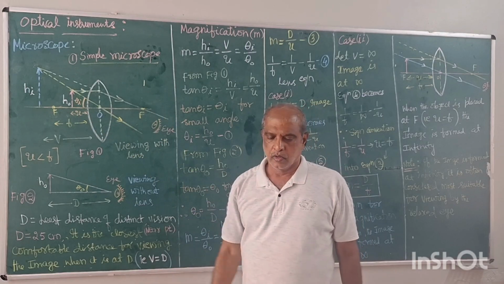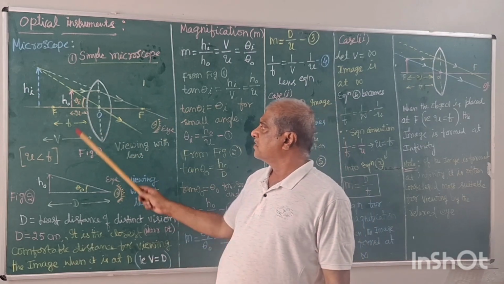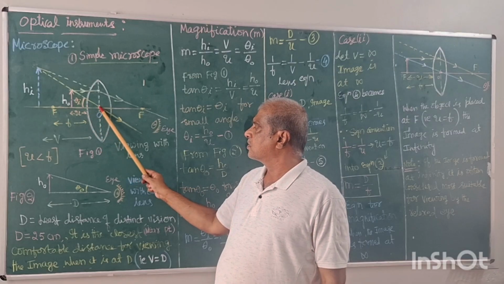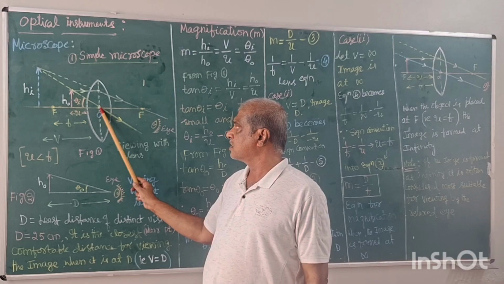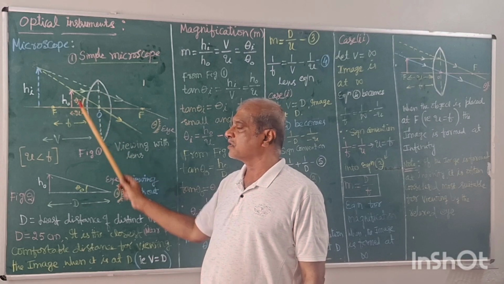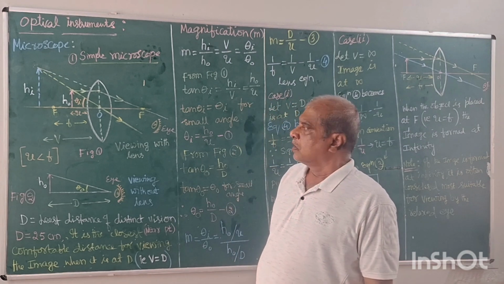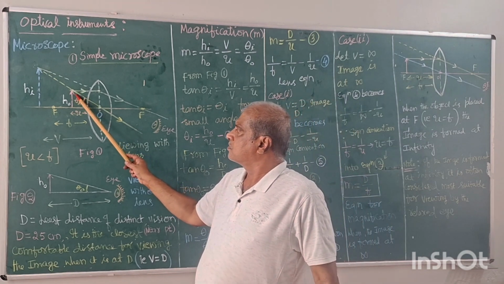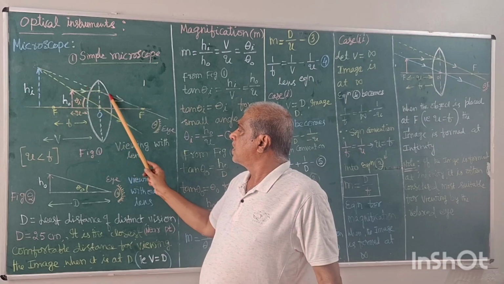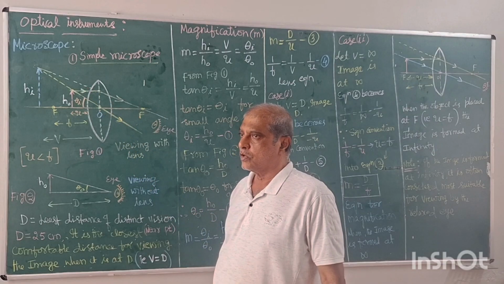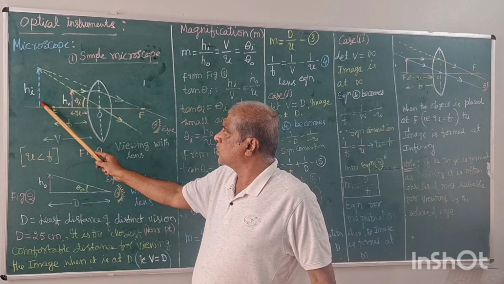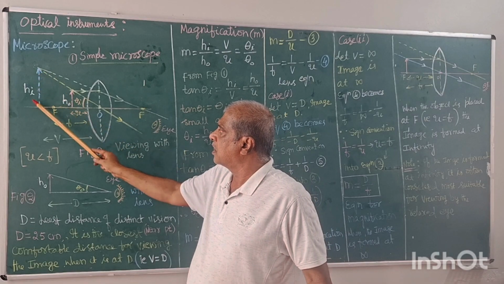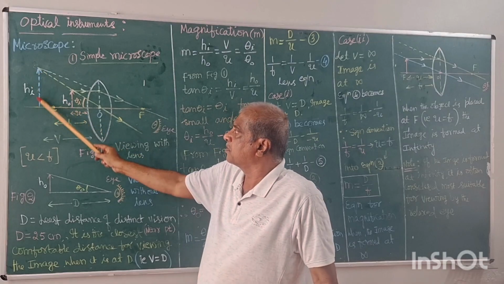If the object is within the focal length of the lens, between F and O, that is the focal point and the optical center, the light rays from the object diverge like this to produce an image on the same side, that too a magnified image, and it is a virtual image, not a real image.